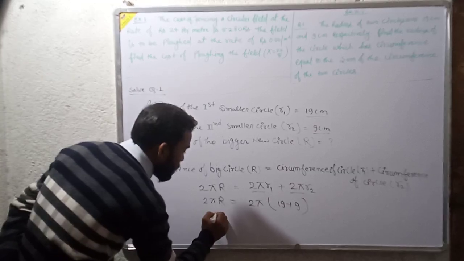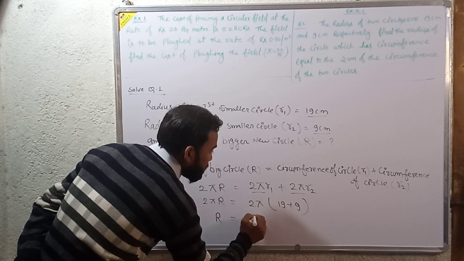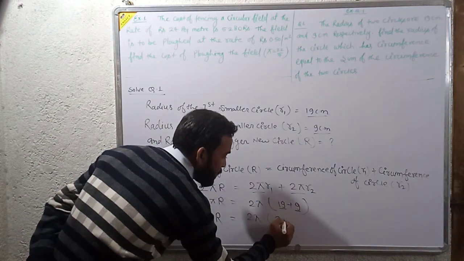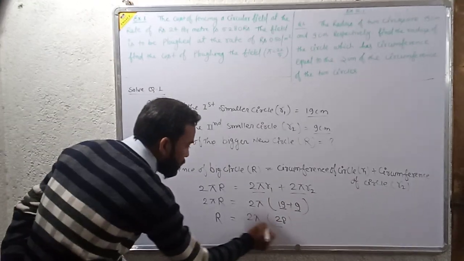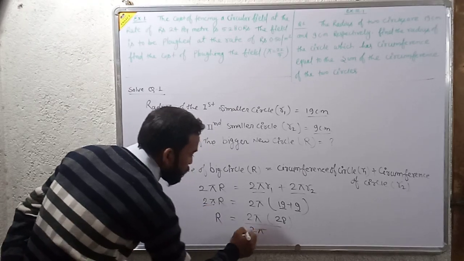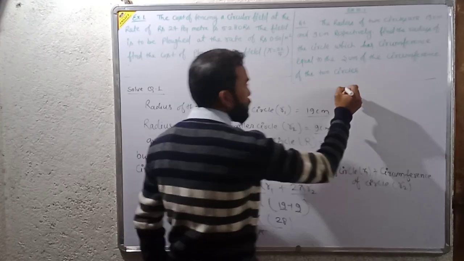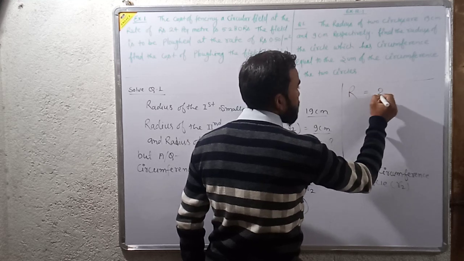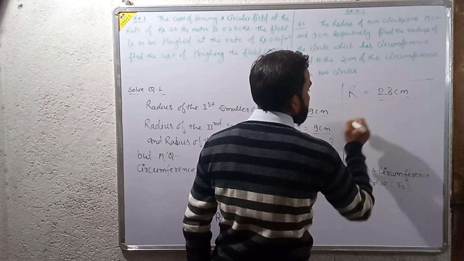This capital R is equal to 2 pi into 19 plus 9, which is 28, upon 2 pi. This 2 pi will be cancelled out from 2 pi. So capital R, the radius of the big circle, is equal to 28 centimeter. Clear?